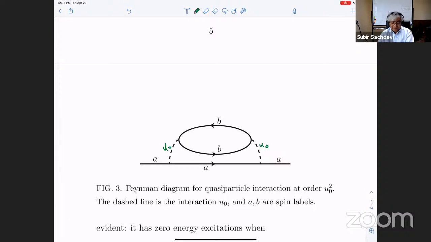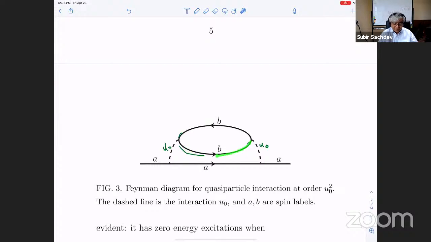I've deliberately drawn it this way to make something evident: there's this bubble here, which is exactly the Lindhard function that we have spent so much time on. That was the density correlation function, the polarizability, that we computed very carefully.